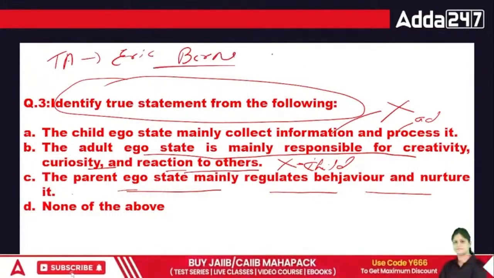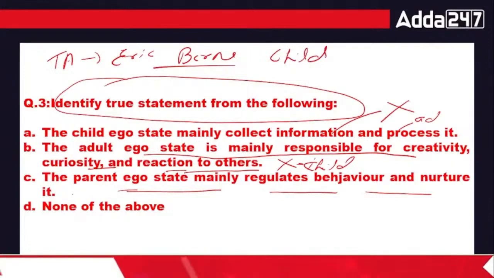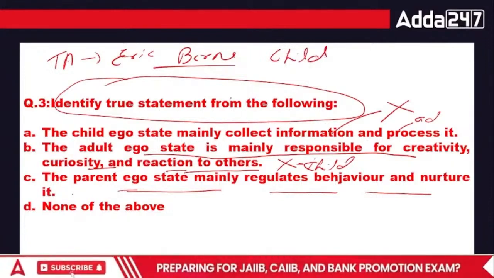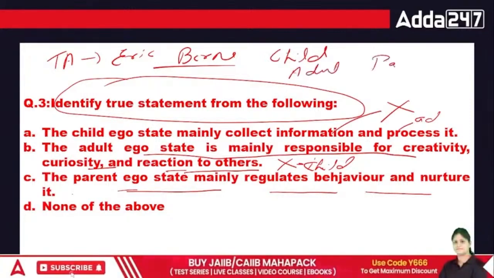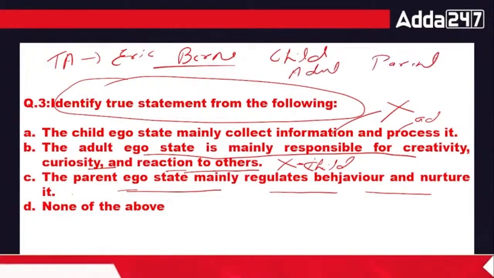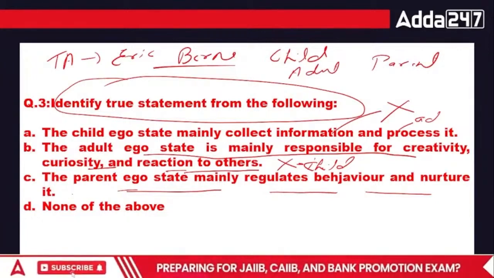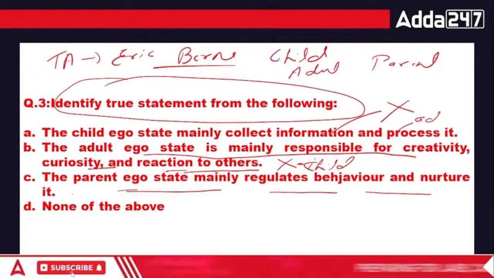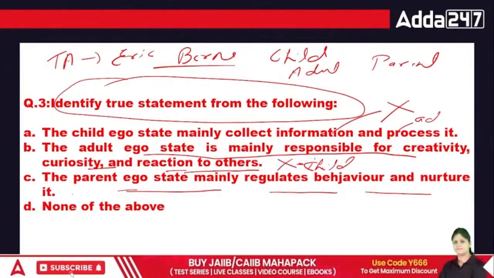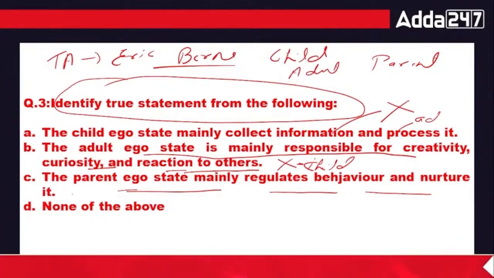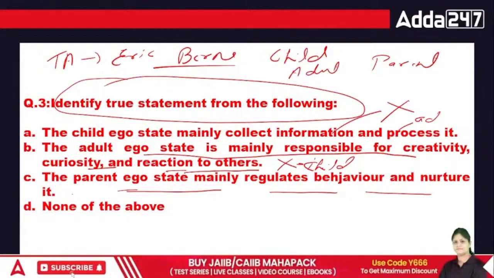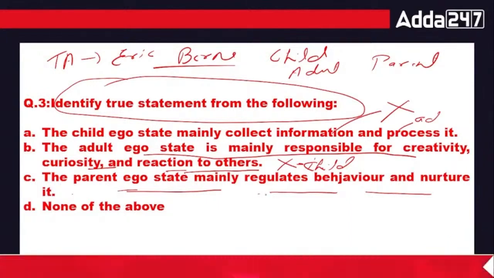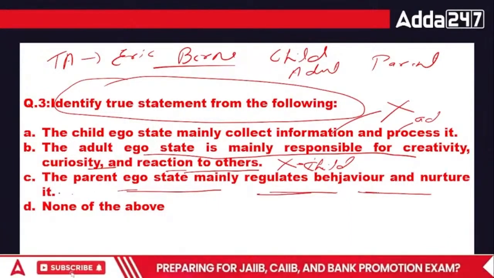He has given three states, that is child, adult and parent, right? So the child ego state tells you about your creativity, curiosity and immediate reaction to others. The adult ego state tells you to behave reasonably. But the parent ego state regulates your behavior and nurtures it. So here the right answer is C.